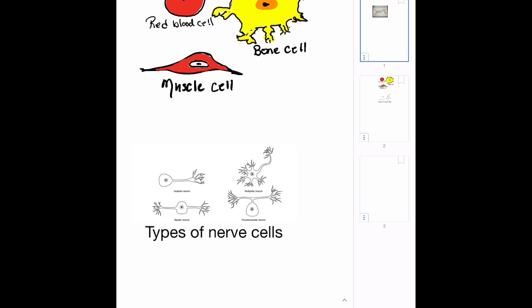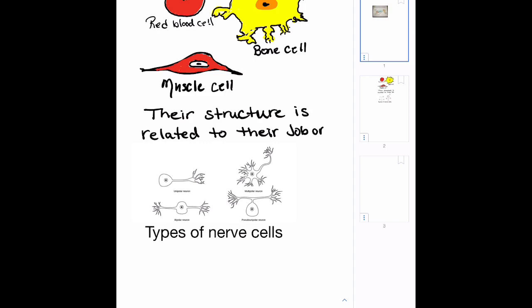So their structure, in other words, what they look like, is related to their job or their function. In other words, they fit the job that they do. Red blood cells are pretty small because they have to get through those very tiny arterioles and venules, remember? Those capillaries, they've got to get through those.